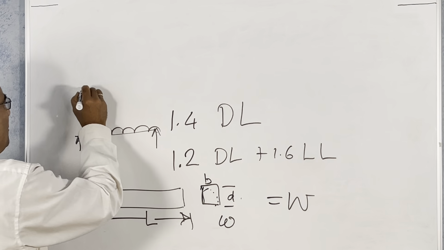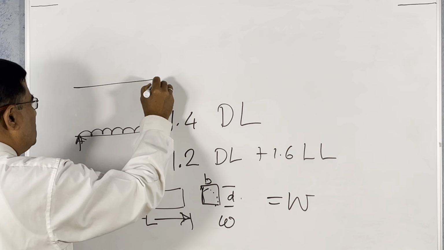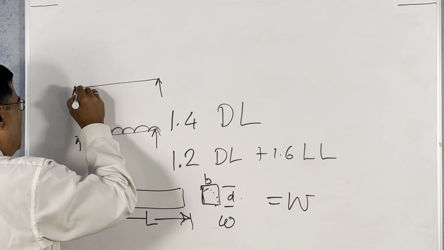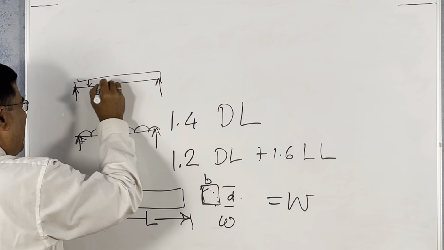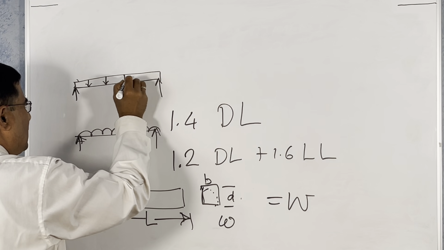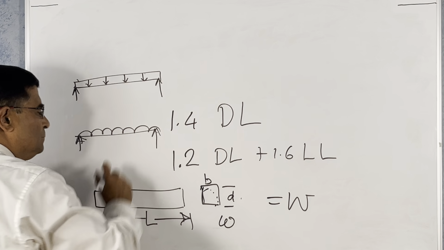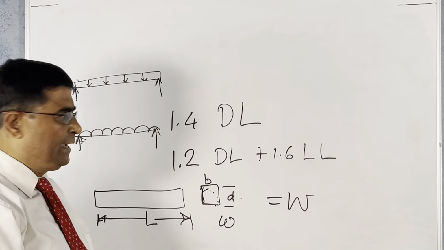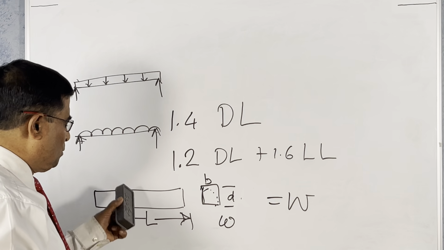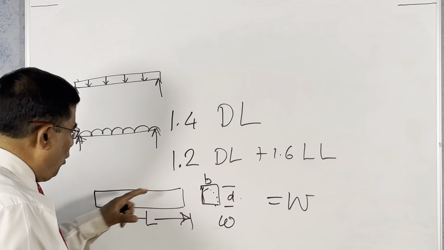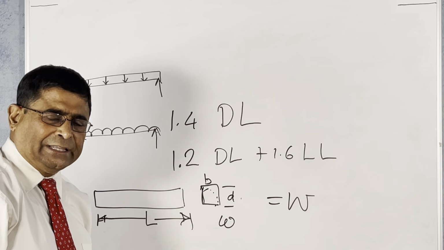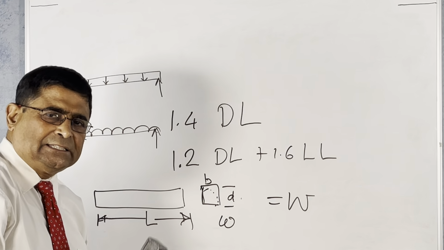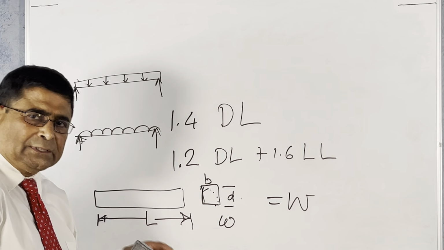Or sometimes people show the uniformly distributed load as something like a rectangle with small arrows down. Okay, uniformly distributed. So this is the dead load. So in no case will the section change. So dead load more or less is certain.